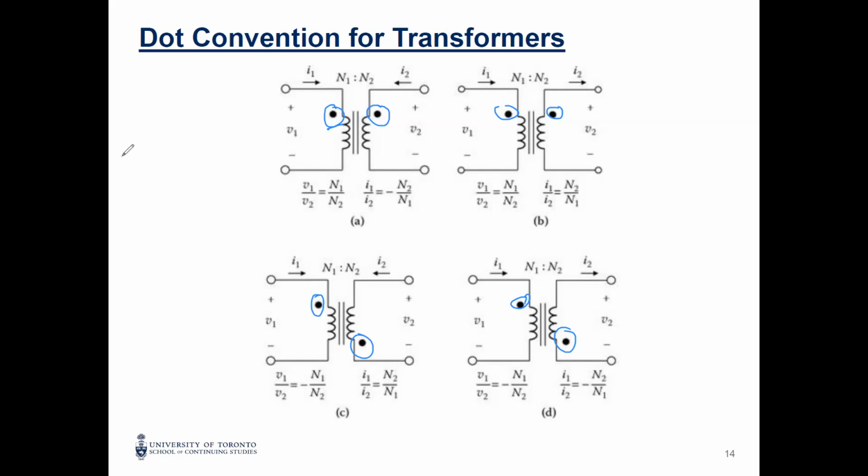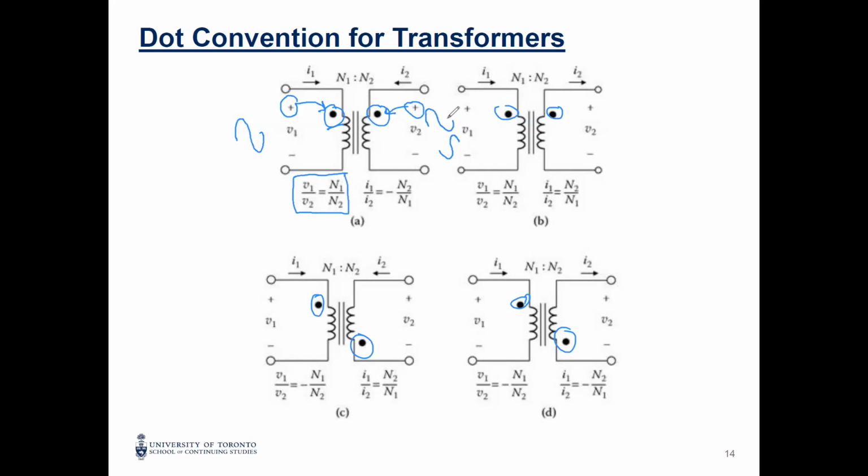So dots for the voltage. You can have a voltage like this, a sine waveform. You want to know the voltage in the secondary. Is it in phase or out of phase? To do this, if you assign the same sign with the dot, positive here, then you will have a positive relationship between the voltages.